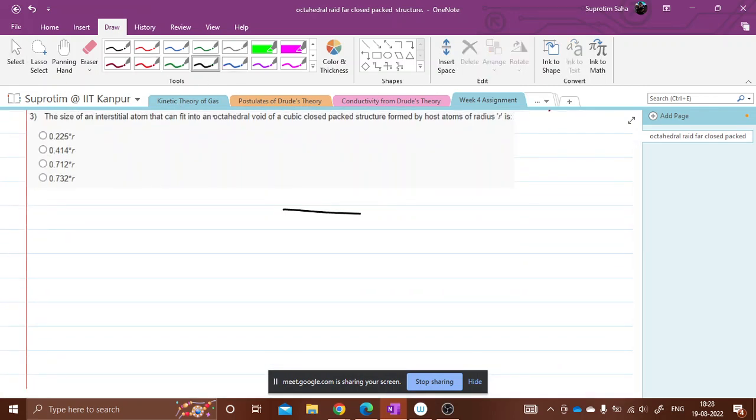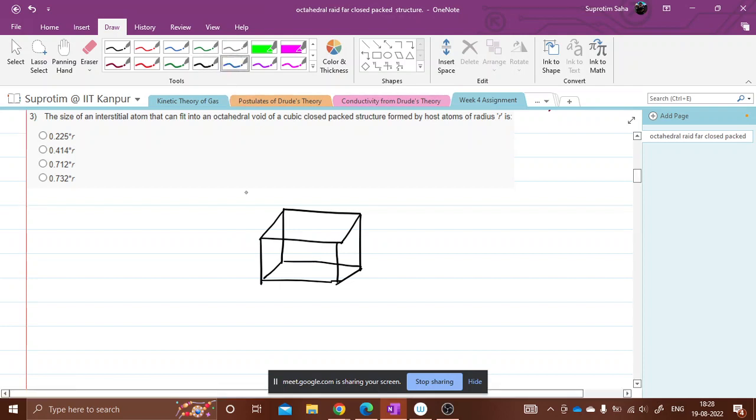So this is your cubic structure, this is your cube, right? The atoms are at the corners. Let me draw the face-center atoms in a different color, with this violet.